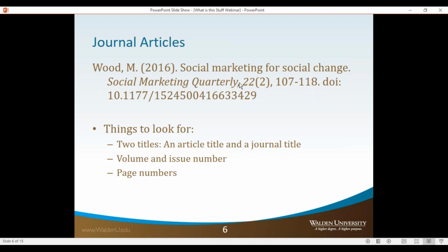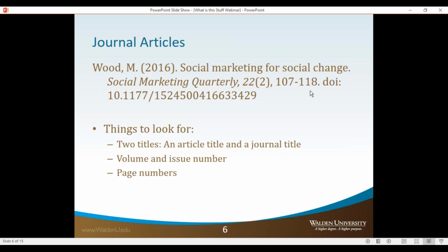Then what you'll look for are the volume and issue numbers. Pretty much journal articles are the ones that are going to have these extra numbers because they are published periodically and you need to know which specific issue you're looking at. And journal articles don't generally take up the entire issue, so you'll have page numbers.